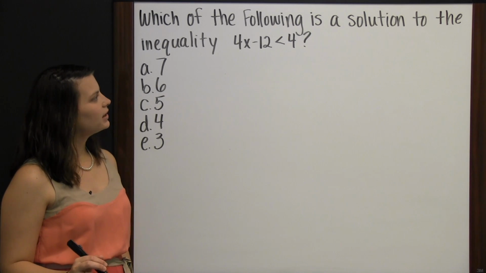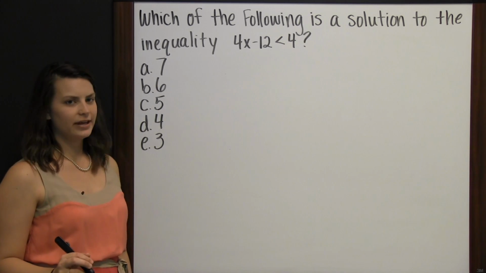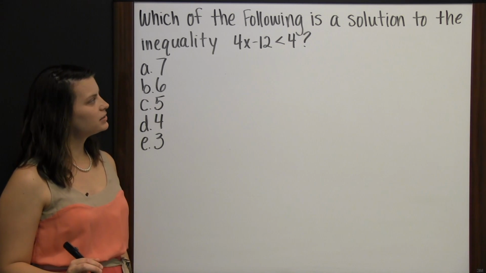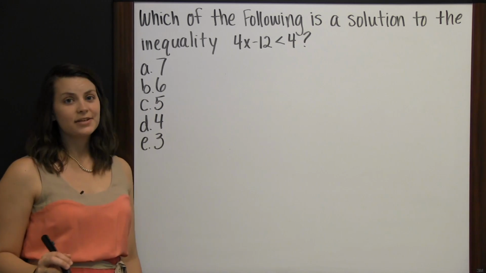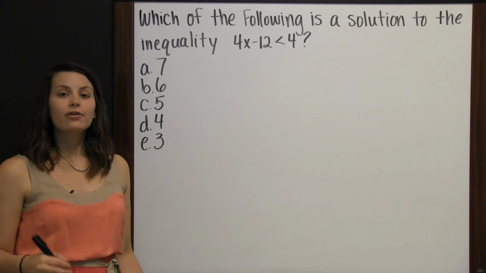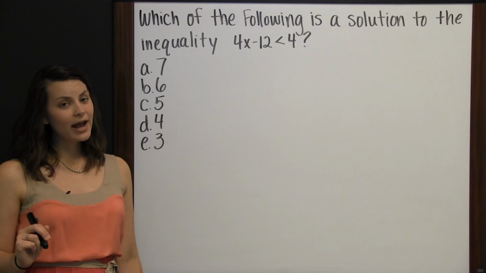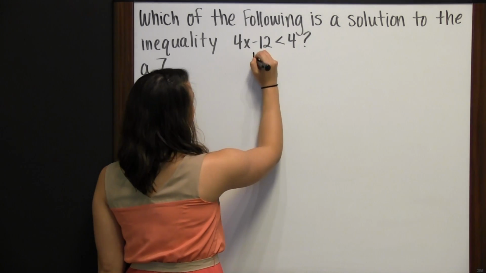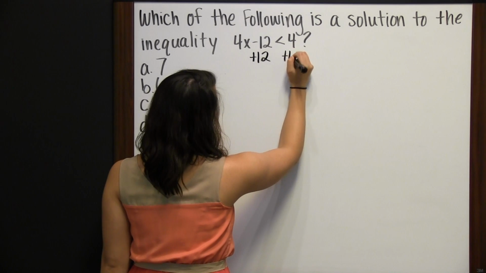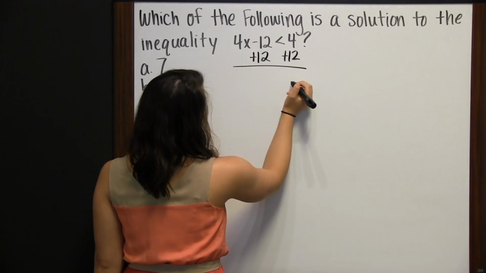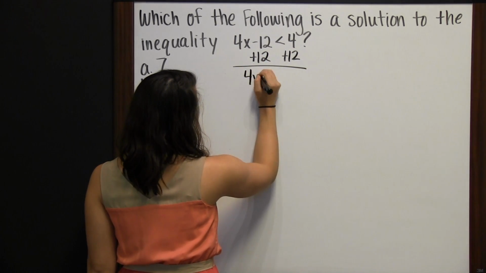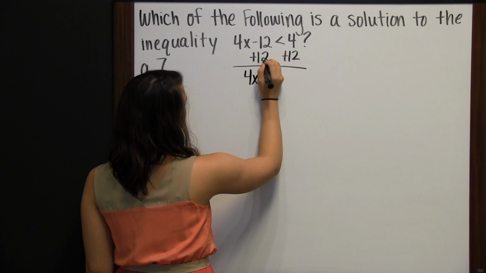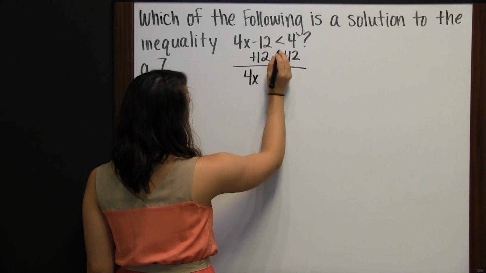Which of the following is a solution to the inequality 4x minus 12 is less than 4? First, we should solve for x in this inequality. So we're going to add 12 to both sides, bring down our 4x, minus 12 plus 12 is 0, so that cancels.